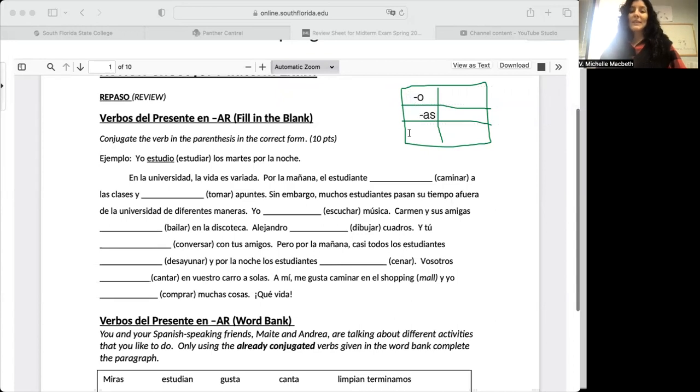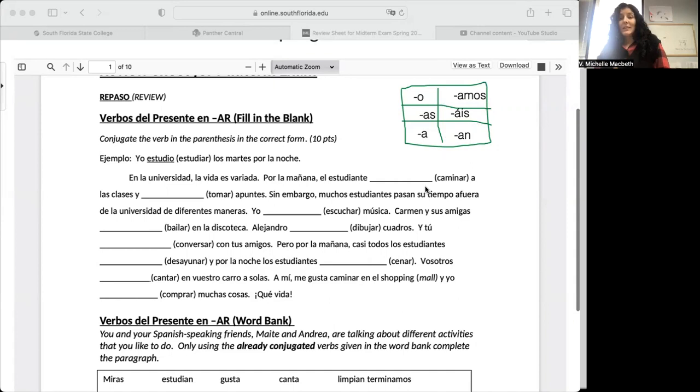What are the endings of these verbs in the present? I don't have to guess. I have a little chart that tells me what they are. These are the verb endings for present tense AR verbs.